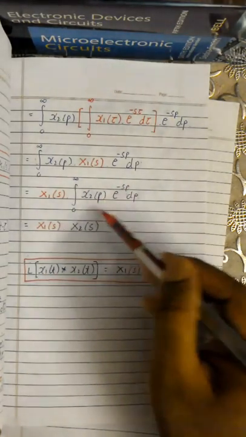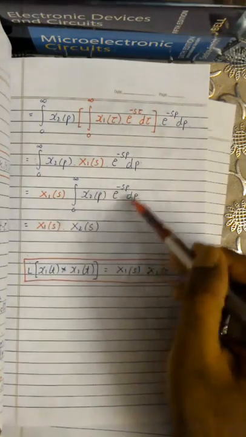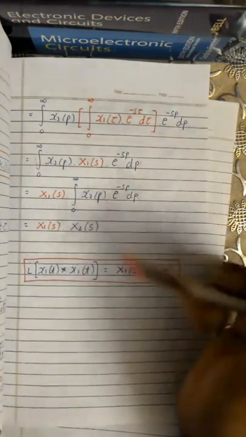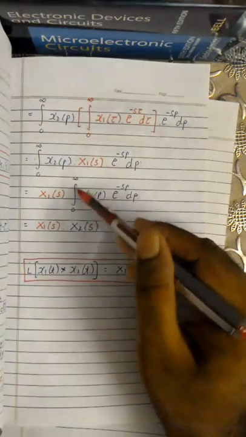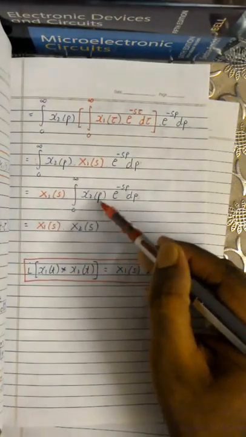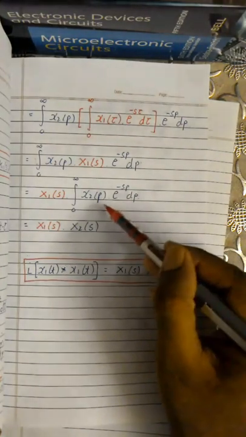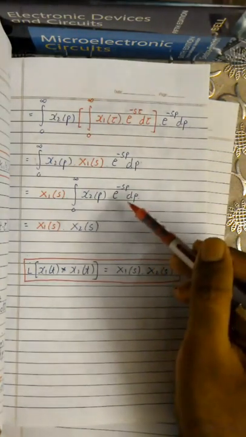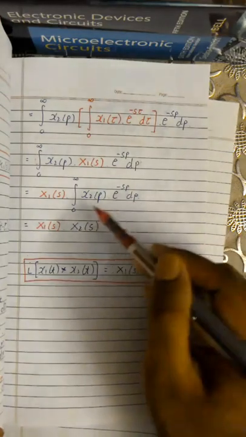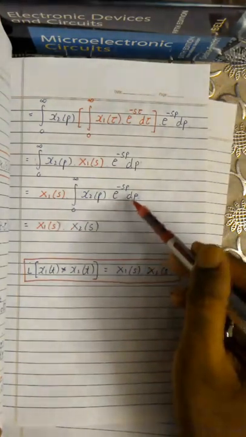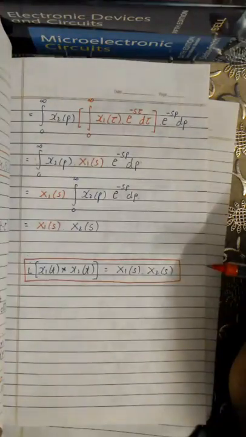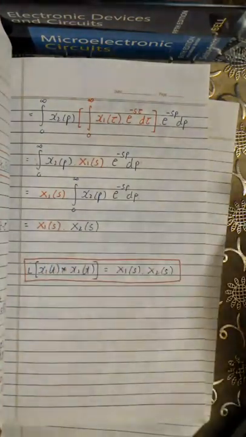This is also another Laplace transform, which is nothing but integral 0 to infinity x2 of t into e raised to minus st dt. As t and p are both just variables in mathematics, this is also a Laplace transform called x2 of s. So you will get x1 of s into x2 of s.